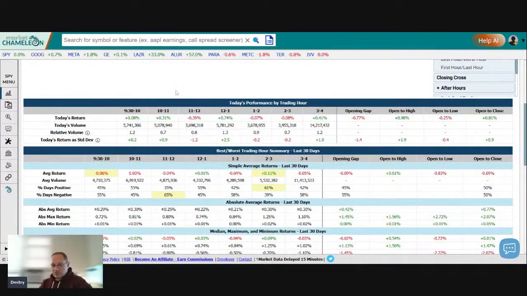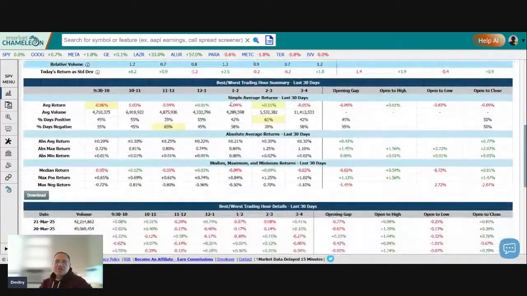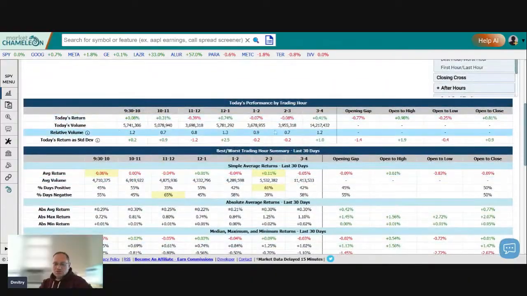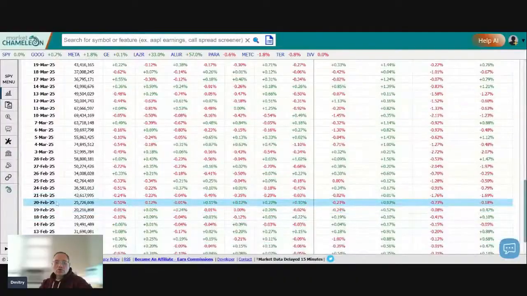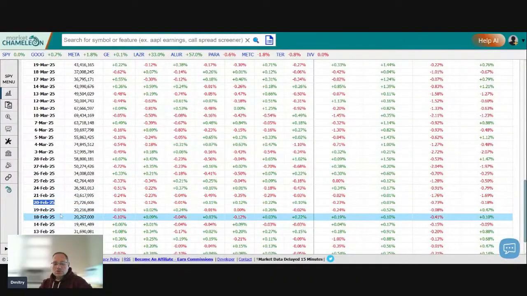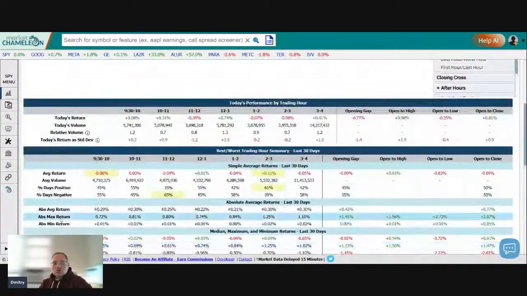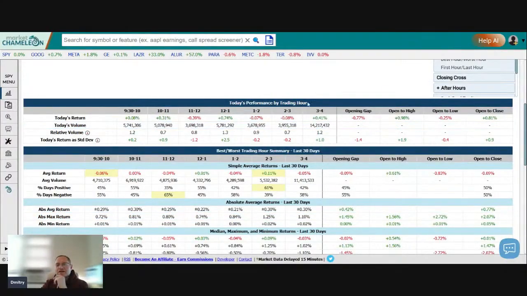And in this table for SPY, we have some summary statistics up top. Then you have the data below showing you the performance based on the date. So up top here, you could see today's performance. This is going to be as of Friday's close. We're not open today yet.